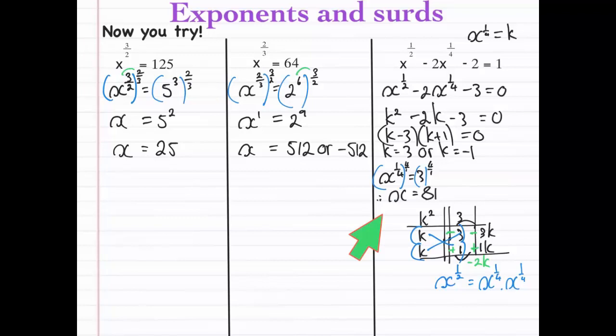Great. Now, how about this other side? So we will write or, then what is k? K is equal to x to the power of a quarter. So x to the power of a quarter is equal to minus 1. So let's write that. X to the power of a quarter equals minus 1. And that cannot be.